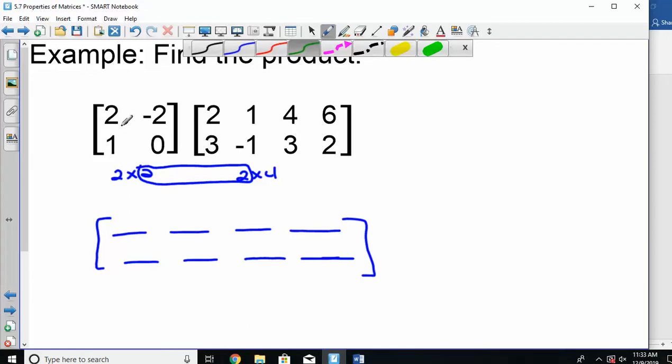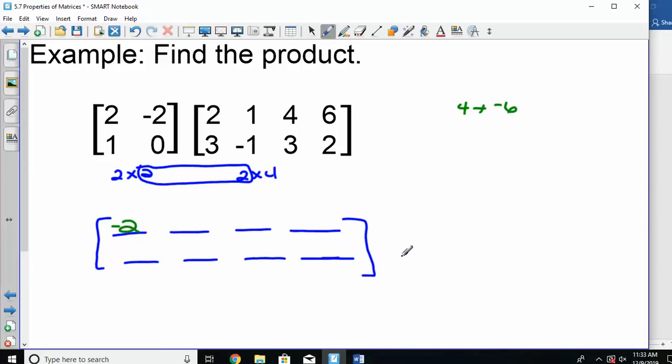Working through here, row 1, column 1, 2 times 2 is 4, -2 times 3 is -6, so I get a -2. Row 1, column 2, so row 1 times column 2, 2 times 1 is 2, -2 times -1 is 2, so we get a 4.